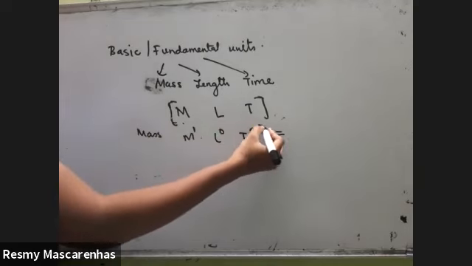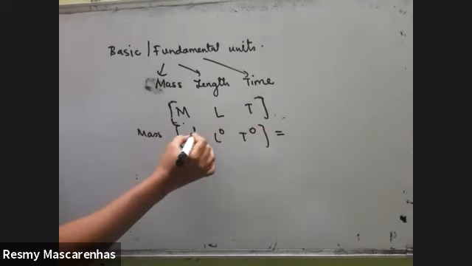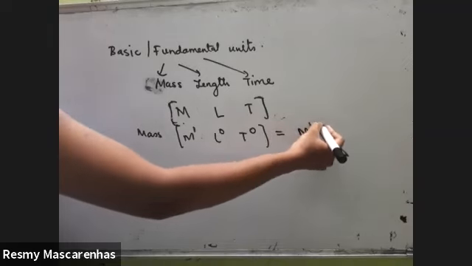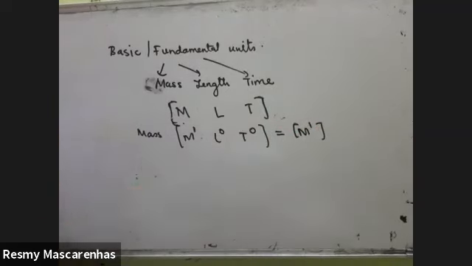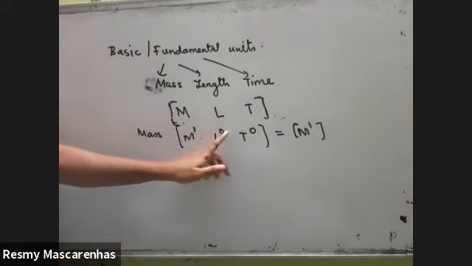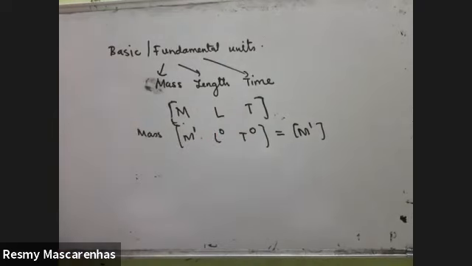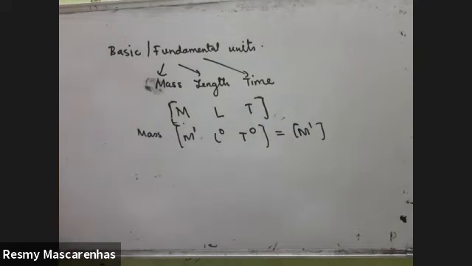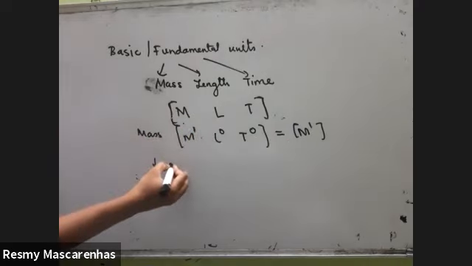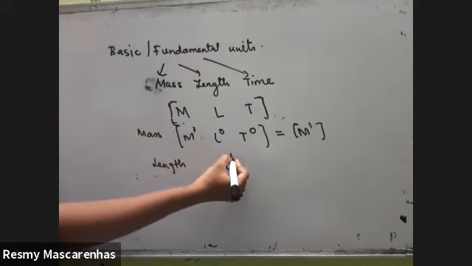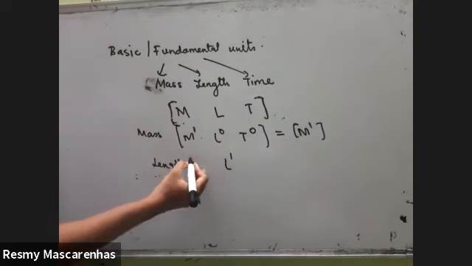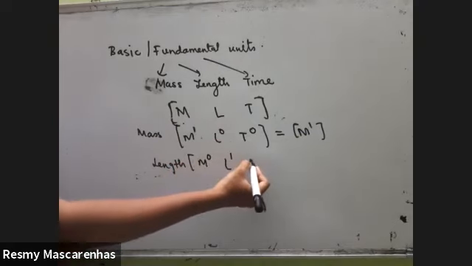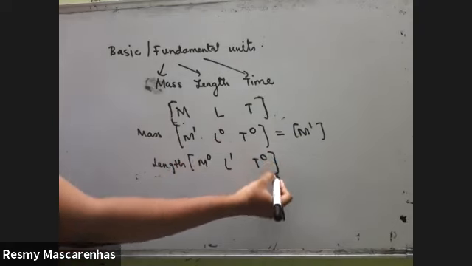In some places I've told you, even though you just write it as M raised to 1, it's understood that your other two were having power 0. So whether you write it this way or that way, it doesn't matter. Both have the same meaning. Same way for length, the length power was 1, and the other two were 0.